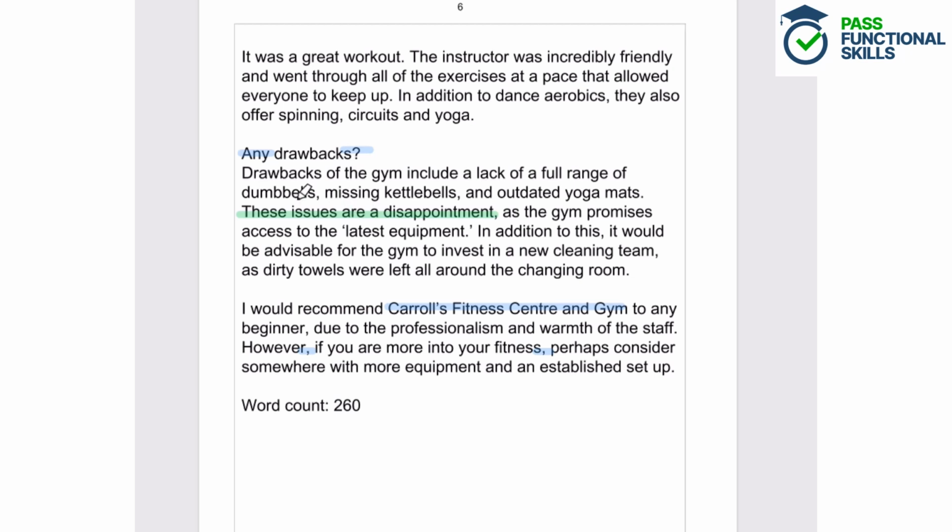Now, if we were talking about just one issue, we would say "this issue is a disappointment" rather than "these issues are." So we've got all of this is plural to match up with each other. So make sure that your answers are matching up verbs and nouns depending on whether they're singular and plural as well.